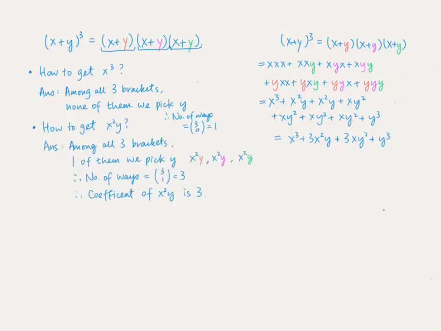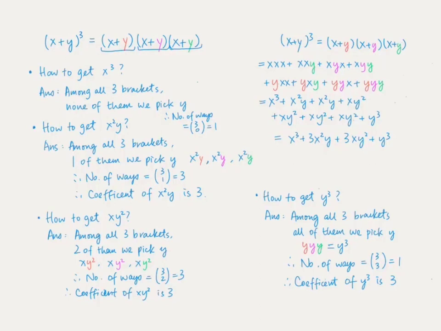How do we get the term x squared y from the expansion? It is obtained by choosing 1 bracket to contribute y, but for the other 2 brackets, we do not choose y, and that means automatically we have chosen x. The number of ways is 3 choose 1, which gives 3. Thus, there are 3 like terms of x squared y, and the coefficient of x squared y is 3.